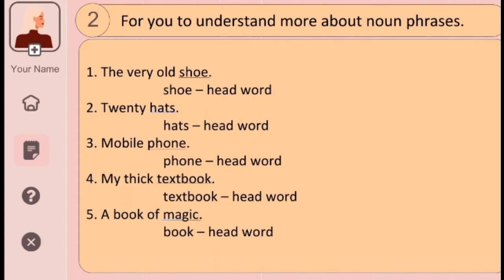What kind of magic is it? A book magic? No. What kind of book is it? Well, it's a book of magic. So therefore, we can recognize that the book is the head noun and magic is not.